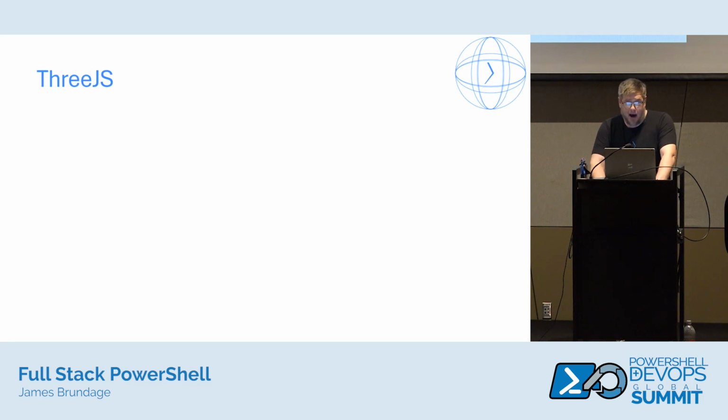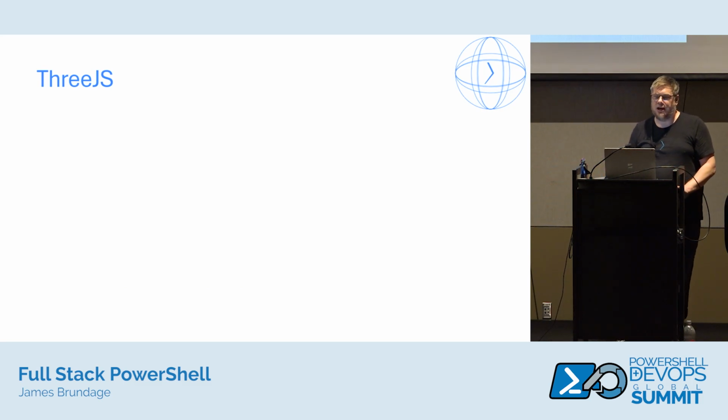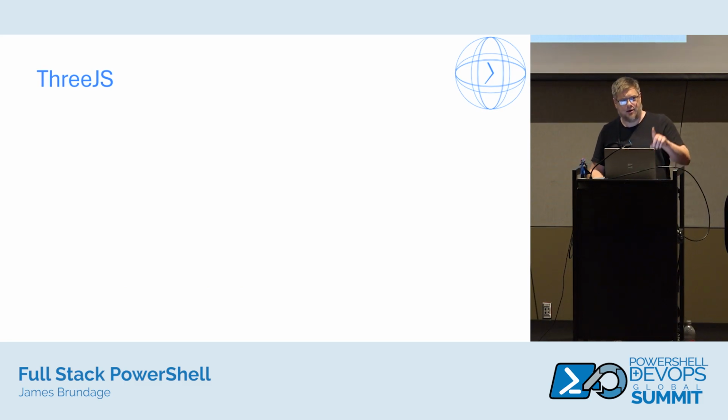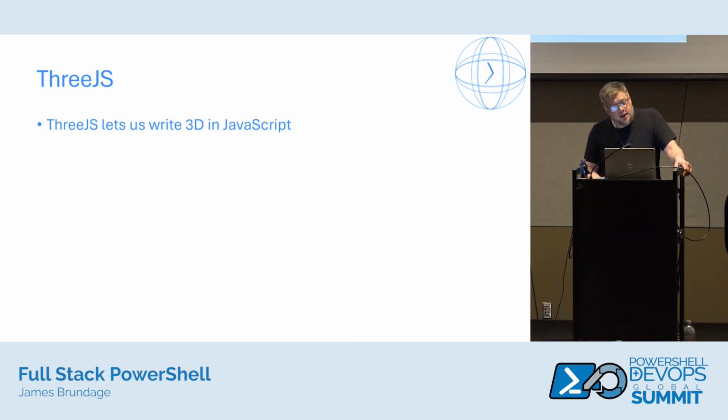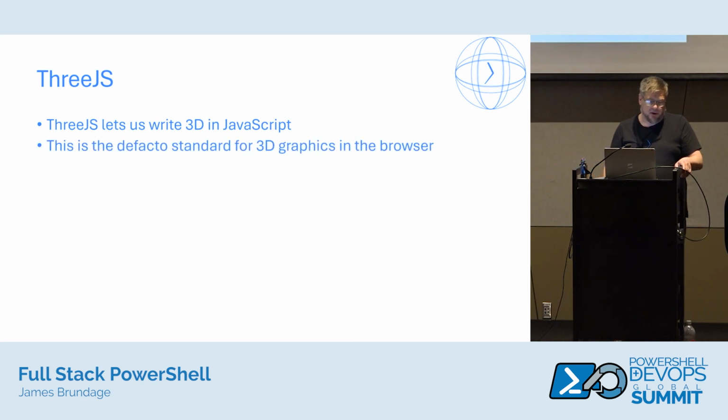Now, ThreeJS, and we're back at the punchline. So we had guesses of 40 years old and 20 years old for ThreeJS. Any more guesses before we get to the moment of truth? 15? Okay. I should have designated a prize. It lets us write 3D in JavaScript. It is the de facto standard for 3D graphics in the browser.